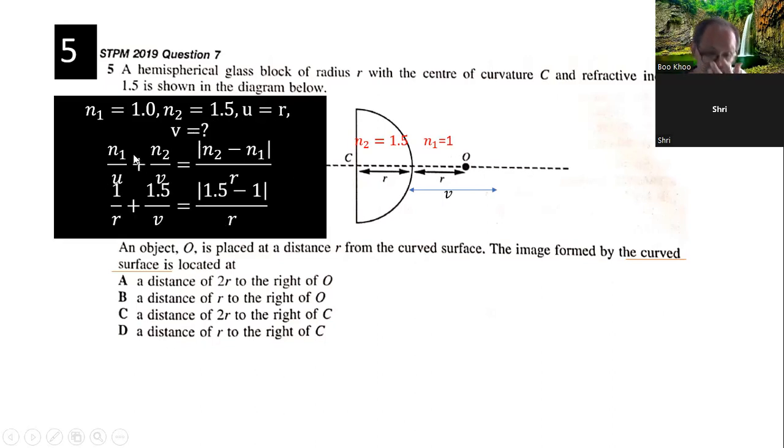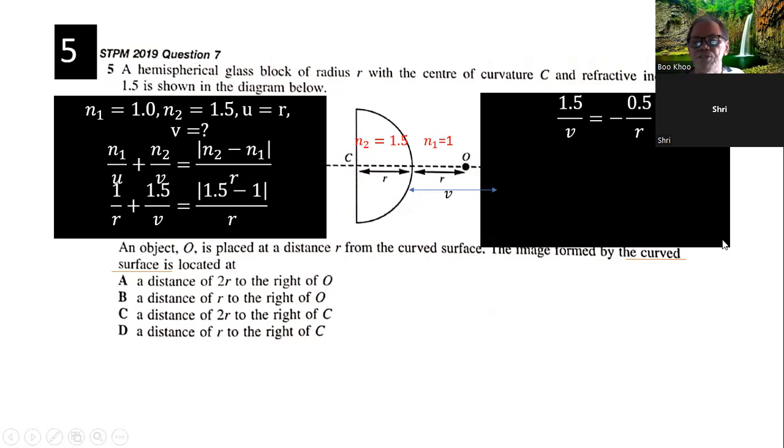Put in your value, N1 is 1. U is R. And N2 is 1.5. V. And this one, you just want positive. Just say the larger minus the smaller. Divide by... Right? And R is the radius of curvature. R. Then calculator. Now use your calculator, that's all.